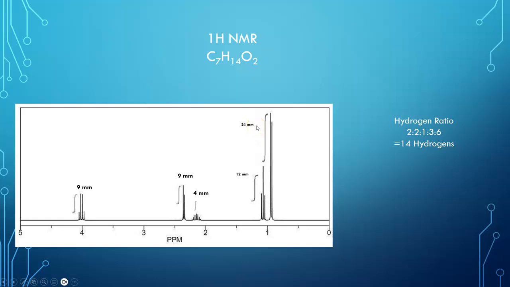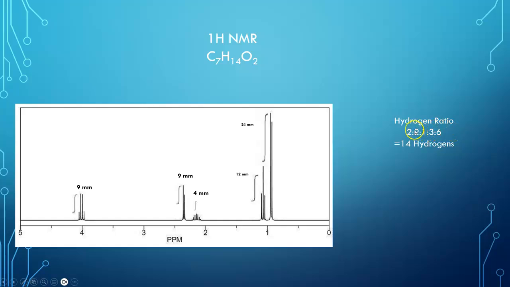And so what we need to do next is find the hydrogen ratio, and we do that by dividing the length of the peaks by the shortest peak. So essentially, since 4 millimeters is the shortest peak, you would do 9 divided by 4, 9 divided by 4, 4 divided by 4, 12 divided by 4, and 24 divided by 4, which would give us a hydrogen ratio of 2 to 2 to 1 to 3 to 6.